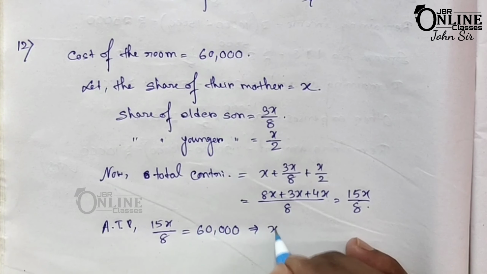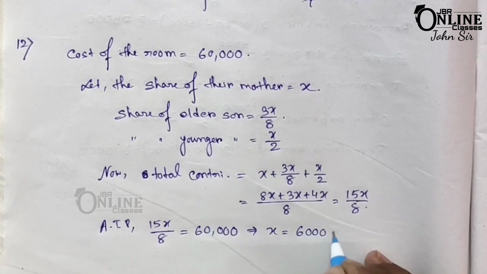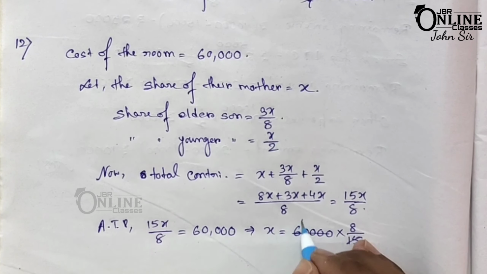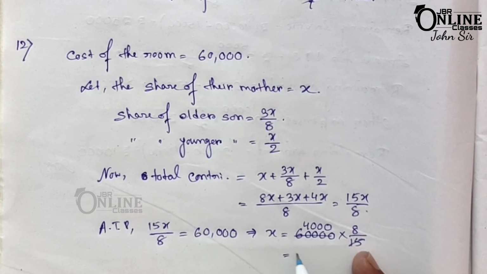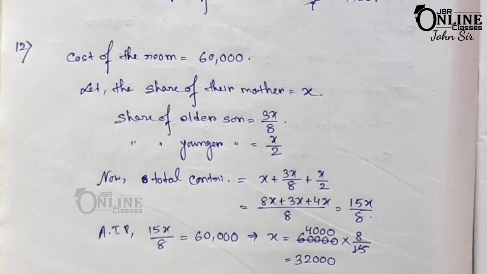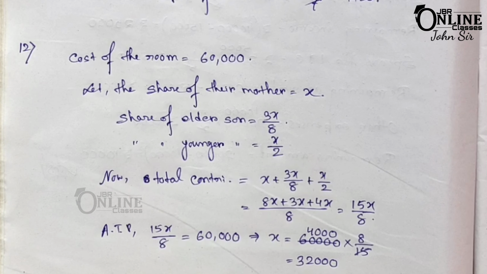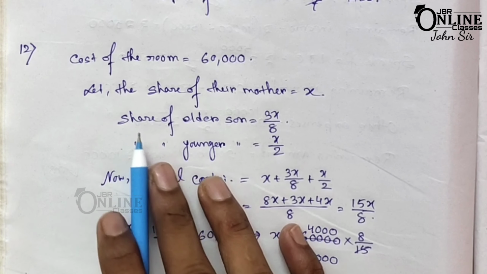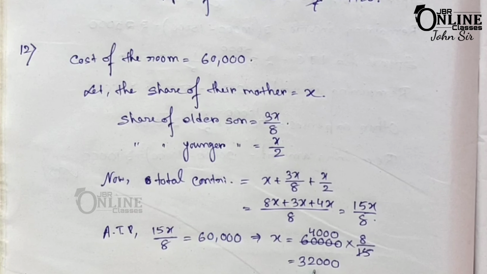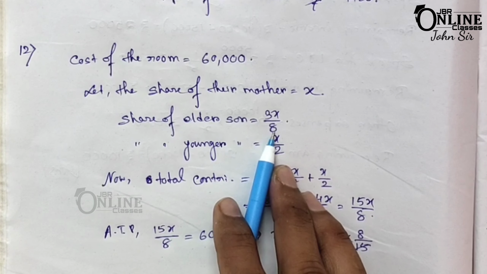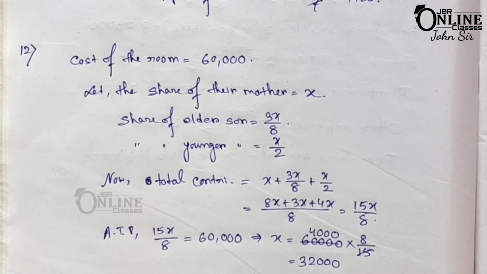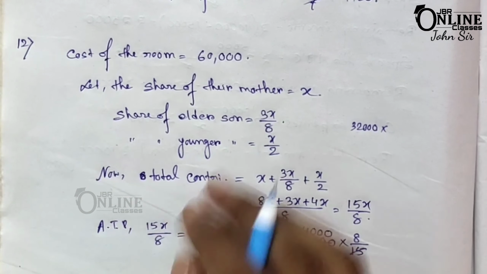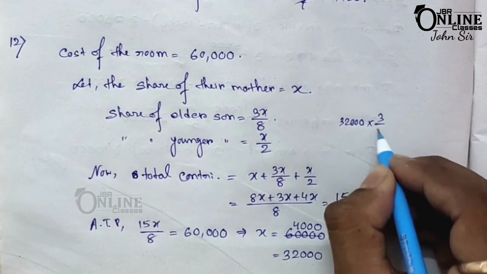So from that equation, x equals 60,000 into 8 by 15. So it's 32,000. Okay, so 32,000 is the share of the mother. That is the first one. Now to find the share of the elder son, you have to do 32,000 into 3 by 8.